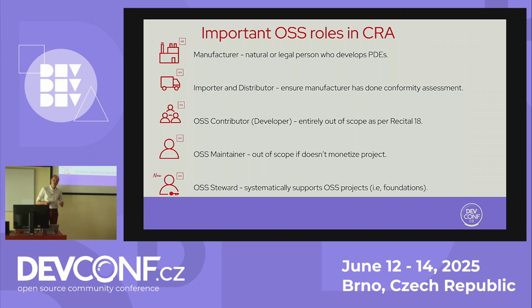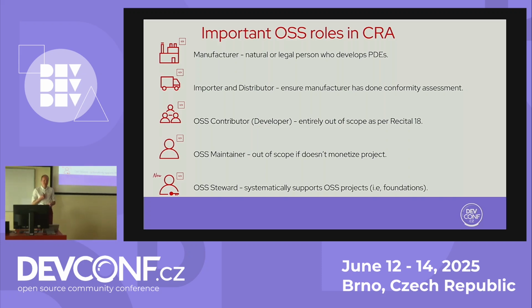Now, important open source software roles in CRA are as follows. The manufacturer actually is at the center of the regulation. The EU CRA defines the manufacturer as a natural or legal person who actually develops products with digital elements, which again kind of makes sense to have this role. The importer or distributor ensures the manufacturer has done the conformity assessment, and you can think of the retailers, resellers, and other distributors.